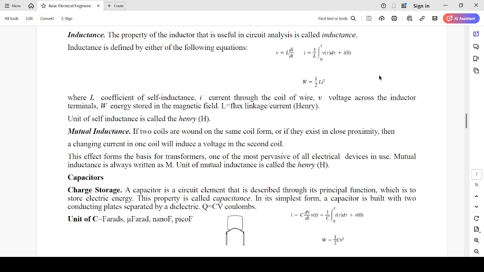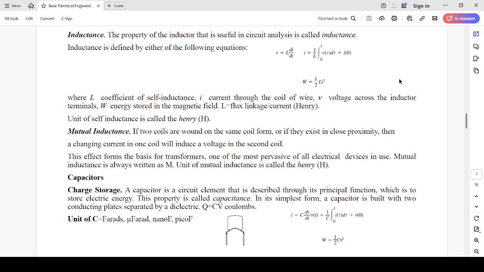So if you integrate both sides, eventually we will get the electric current flowing through the inductance. That is, I comes out to be 1 upon L integral of V(t) into dt. On the right hand side, you can see another constant term, that is I0. I0 is a constant term.